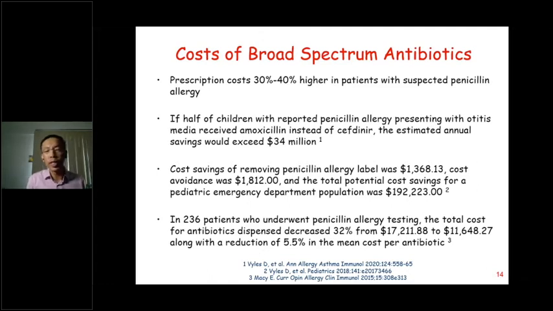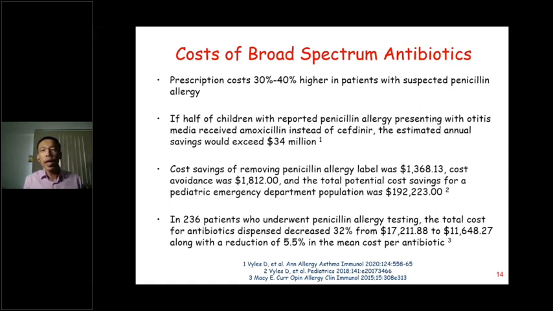You actually delabel systematically patients who have been inaccurately labeled with a diagnosis of penicillin allergy, because then you end up using the conventional standard antibiotics rather than using fairly expensive broad spectrums.